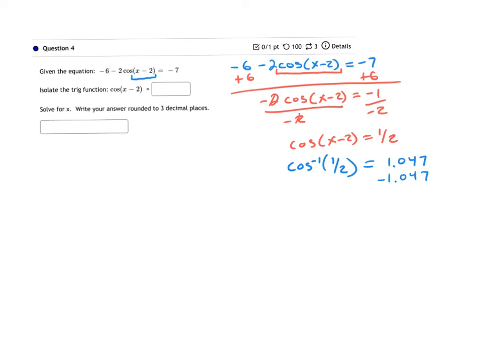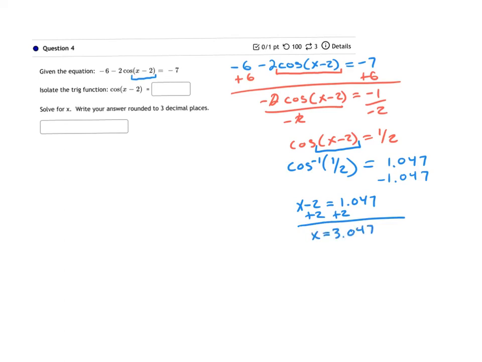So my second answer is -1.047. But that's not going to be my final answer because it's x minus 2 that equals that, not just x. So I have to do x minus 2 equals 1.047.